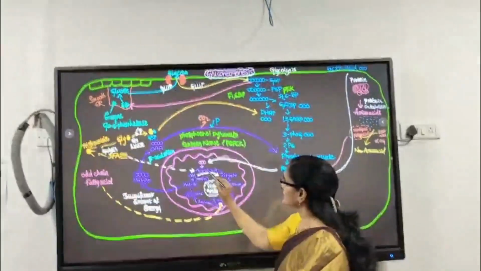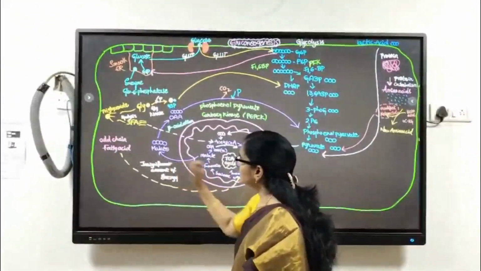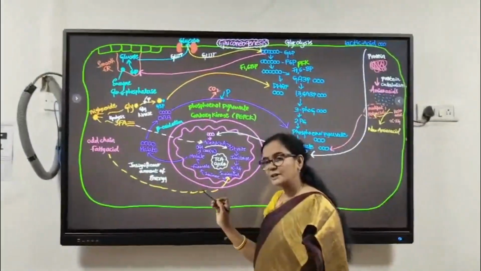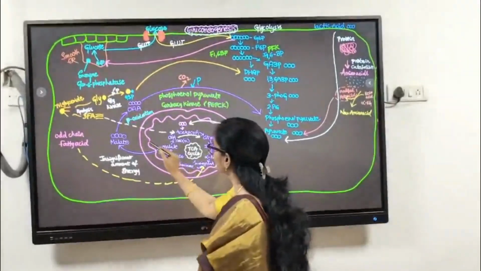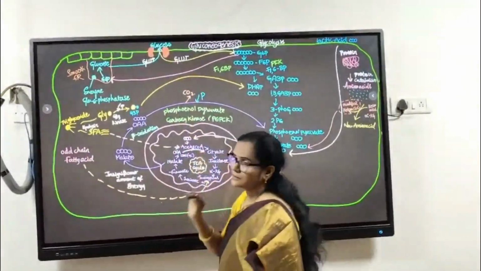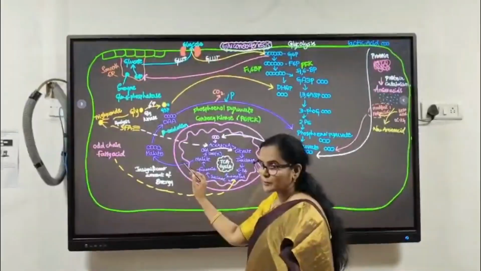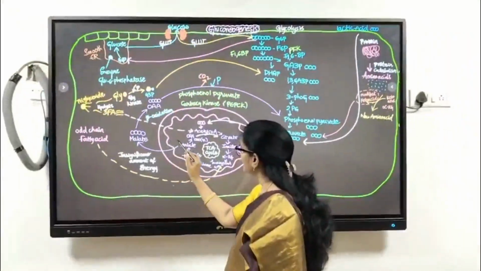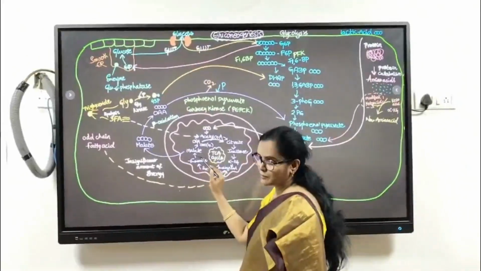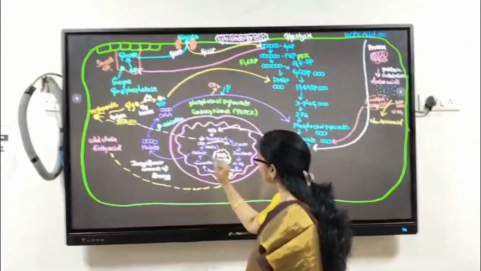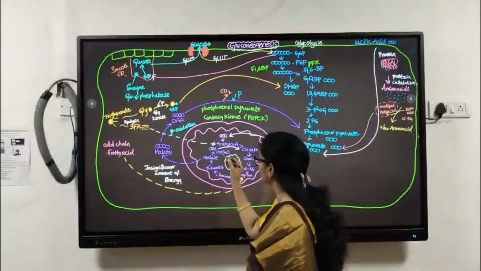the mitochondrial matrix. Then this oxaloacetate should enter the cytoplasm for further reactions of gluconeogenesis, because the enzymes required for gluconeogenesis are present in the cytoplasm. But oxaloacetate, as such, is impermeable to the mitochondrial membrane. So it is converted to another form, that is malate. The conversion of malate to OAA and OAA to malate are reversible reactions.